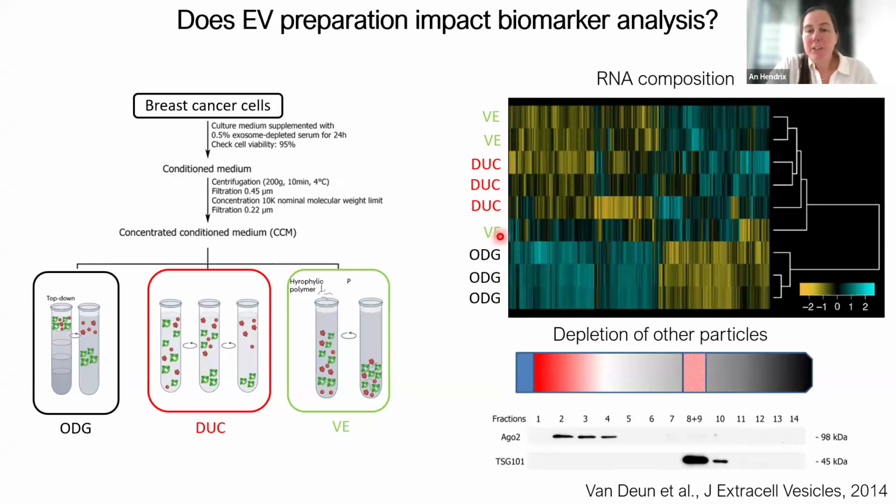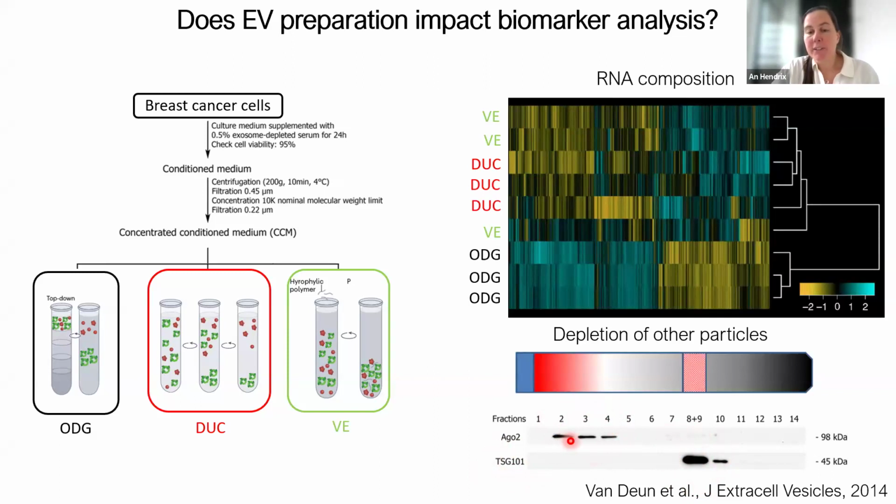By doing a further downstream analysis in that particular study, we observed that only by making use of the density-based method, we were able to differentially enrich extracellular vesicles, here characterized on a Western blot analysis by the marker TSG101, from ribonucleoprotein complexes that are also known to stabilize RNA in different types of sources, and that are characterized by the presence of the Argonaute-2 protein.